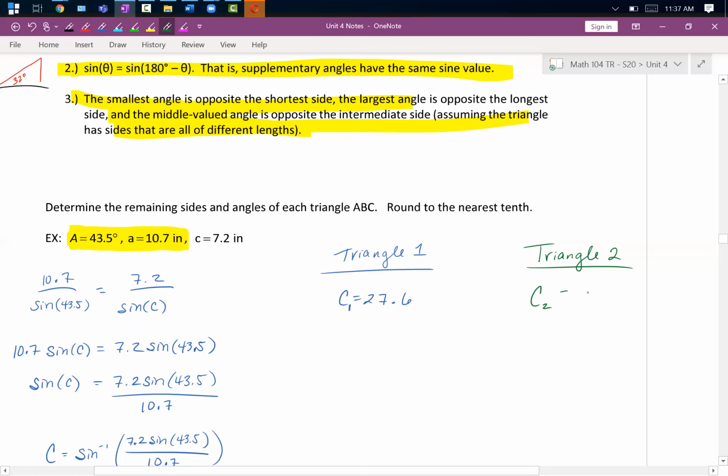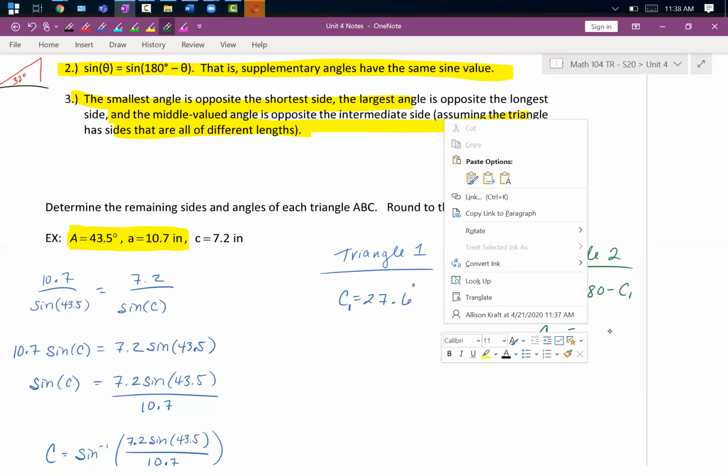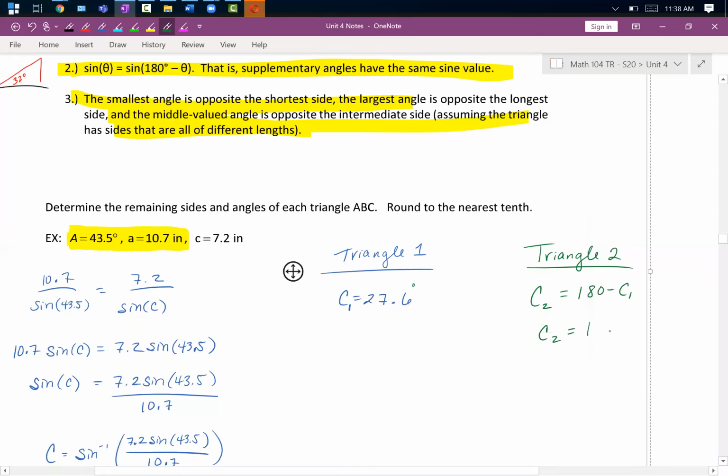So this is always going to be 180 minus C1. So that's going to make our C2. What do we get there? 152.4. Okay, great.